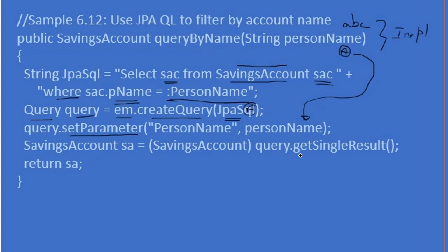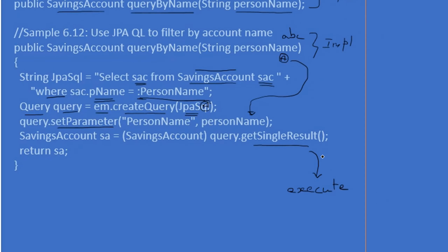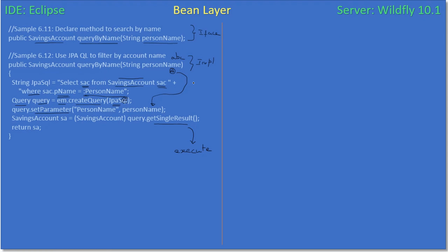Next, we make a call to query.getSingleResult. This will actually perform the execute on the underlying database. Not only that, it performs the translation. Translation means here it is JPAQL, and when this JPAQL is executed on the underlying database, it is MS SQL. So the conversion takes place from JPAQL to MS SQL format, and it performs the execute.